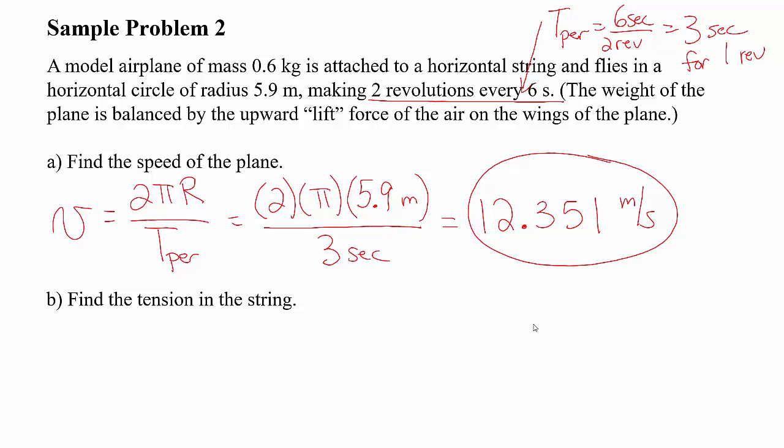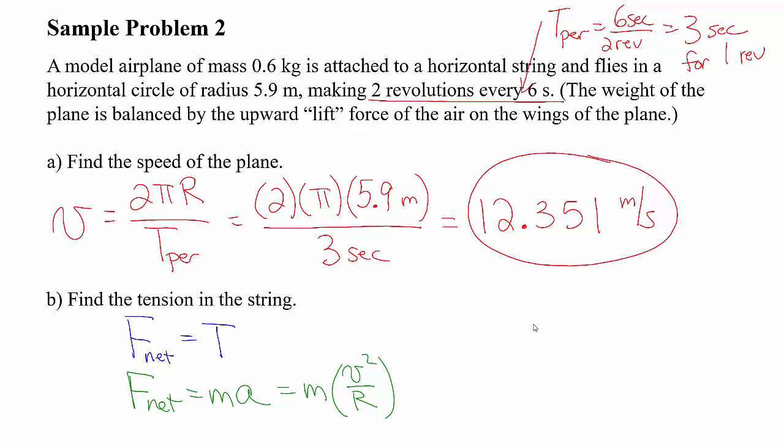Next, we want to calculate the tension in the string. The only unbalanced force that's acting on the airplane is the tension in the string in towards the center of the circle. So the net force that's acting on the airplane is that tension in the string. And net force equals mass times acceleration. Because it's moving in a circle, the acceleration is v squared over r.